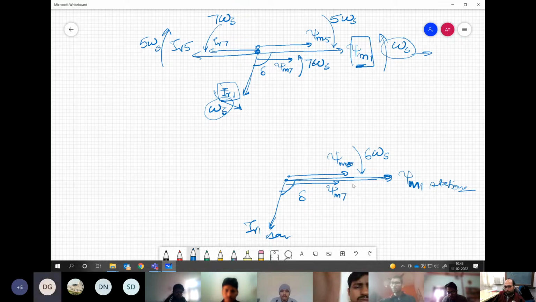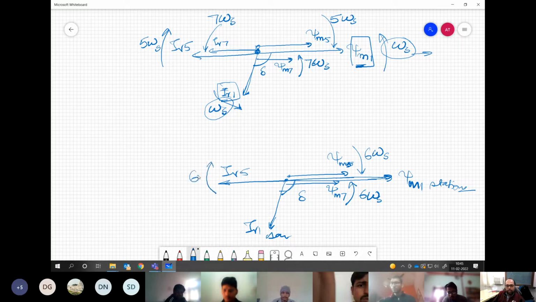Yes, that also 6 omega, but anticlockwise direction. This is good, right? Now we have the fifth harmonic current, which will also have 6 omega in the clockwise direction. And we have seventh harmonic current, IR7, counterclockwise with 6 omega s speed. No problem in this? Fine, right?